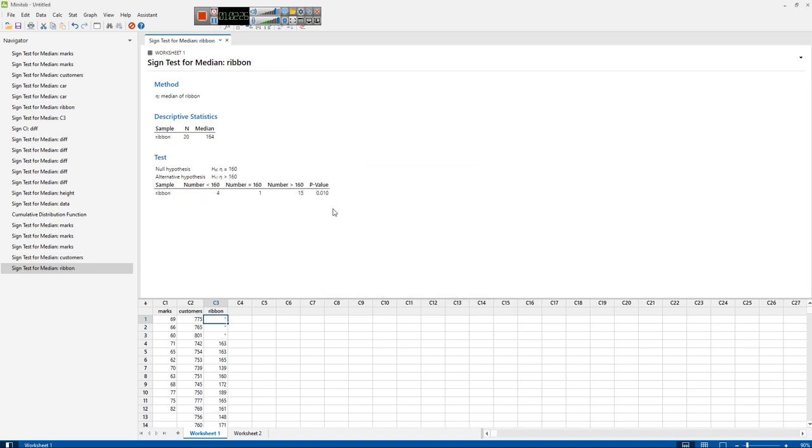So the p value is 0.01. So since our p value is less than our alpha value, we cannot reject... sorry, we will reject our H naught, right? Because this is less than the alpha value. So let me insert this here.